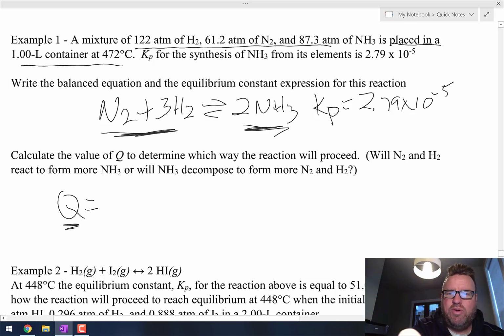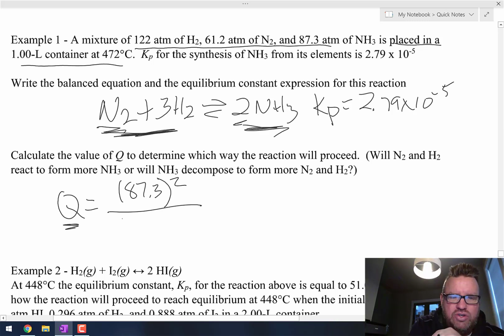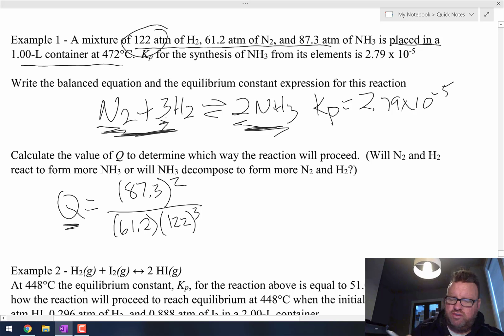So we're going to take the pressure of NH3, which is 87.3, and because that 2's there, we're going to square it, over the pressure of N2, which is 61.2, and then the pressure of hydrogen, which is 122, and we're going to cube that because there's 3 hydrogens.